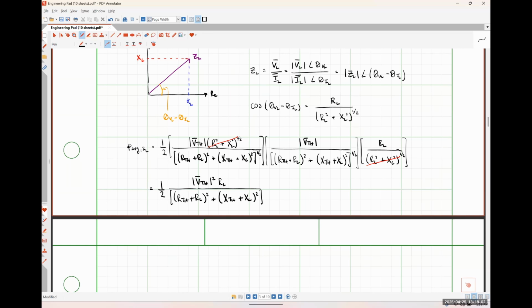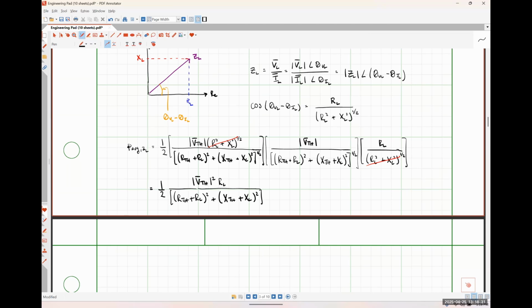So we've done a whole lot of setup work here, but now we actually have things in a form where we can look at it and start making some inferences as to what's going to happen here. Okay. So, and I know this is going to be an oddly framed question, but I don't know of a better way to ask it. What do our reactances do to our average power here?